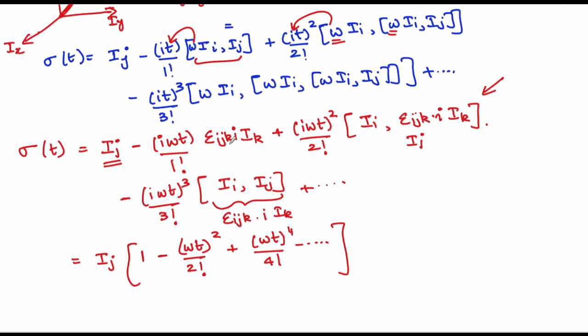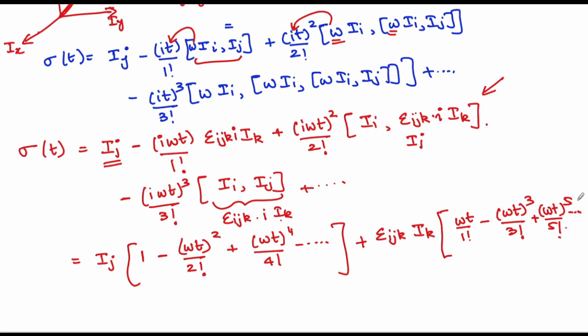Similarly, for the next one that will end up coming here, remember you have an i times i, that will be minus 1, so the minus will become plus. So you are going to end up getting plus epsilon ijk Ik multiplied by omega t by 1 factorial. i to the power 4 will come, which will be plus 1, therefore the minus would remain, so minus omega t the whole power 3 by 3 factorial, Ik would come back, which we have taken out, plus omega t power 5 by 5 factorial minus, and so on.